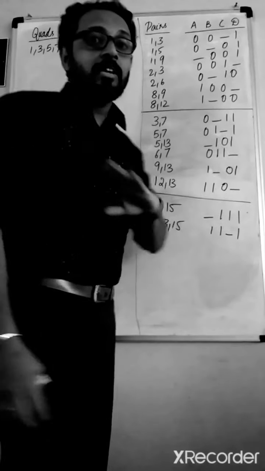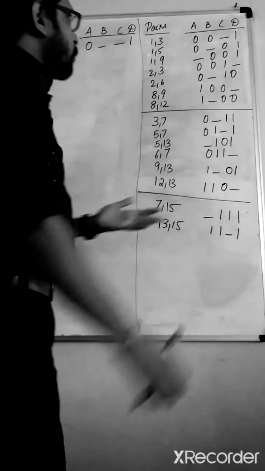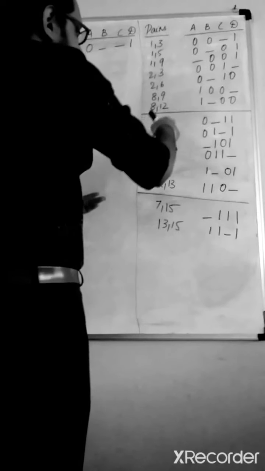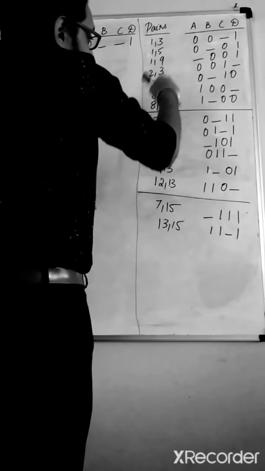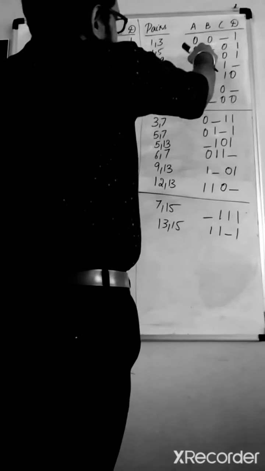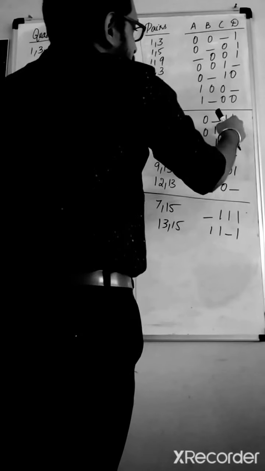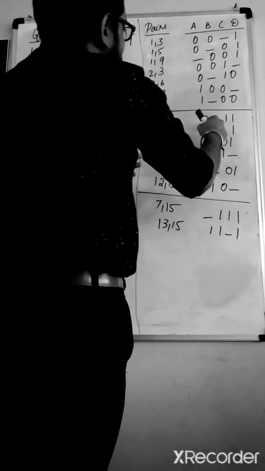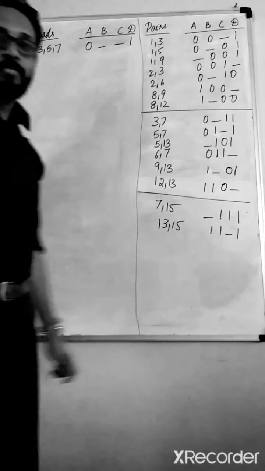So we will get a redundant case there also. So avoid that. Here we have 1, 5, 3, 7 that forms 0, dash 0, 1 and 0, dash 1, 1. So we will get 0, dash, dash 1, which is the same result that we got earlier.